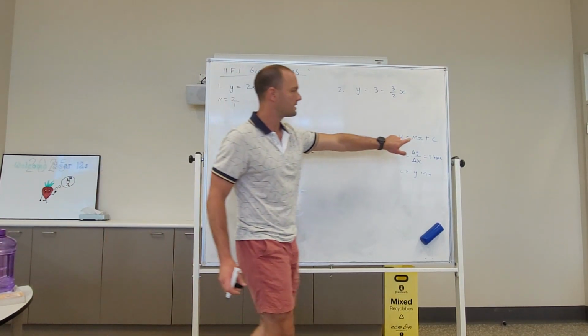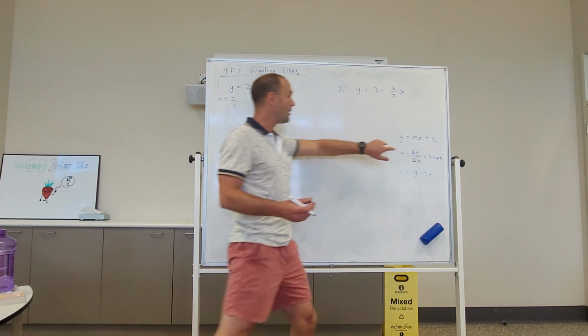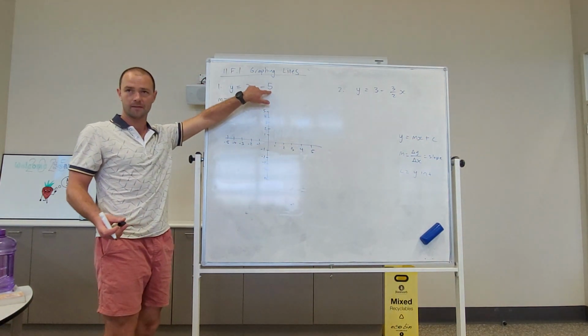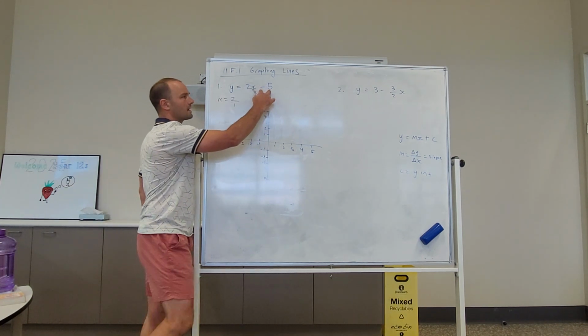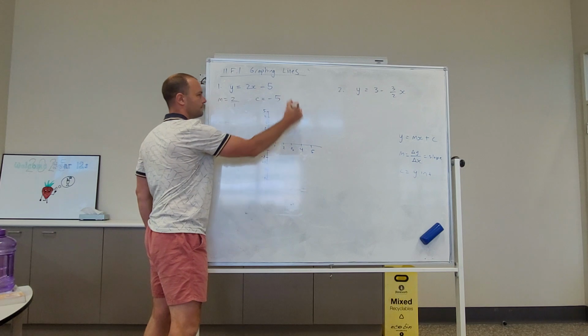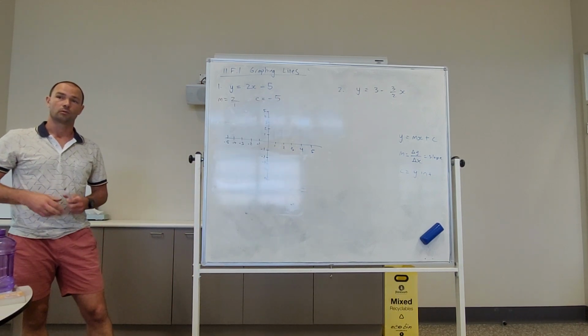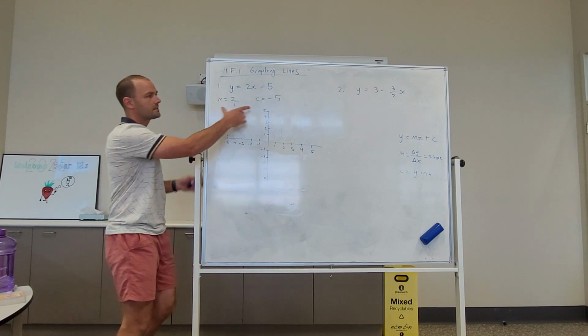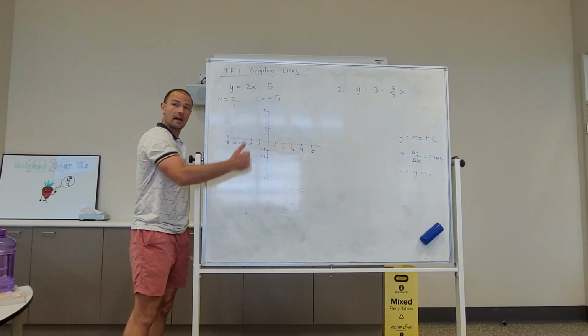Okay, next we need to identify the y-intercept. Now the y-intercept is the constant term, and we're going to take with that any positives or negatives that belong to it. So the constant term, the number by itself, is minus 5. Okay, so we've abstracted both pieces of information that we need. Now here's our Cartesian plane.